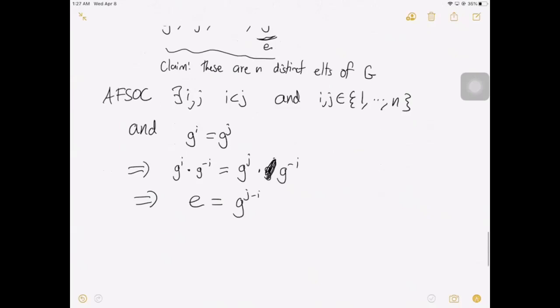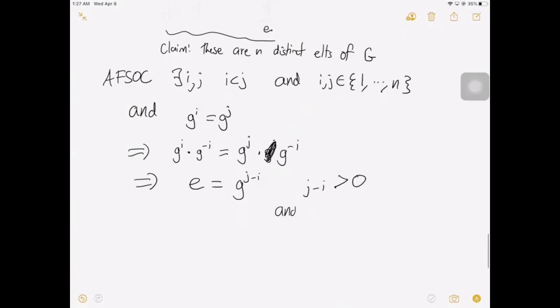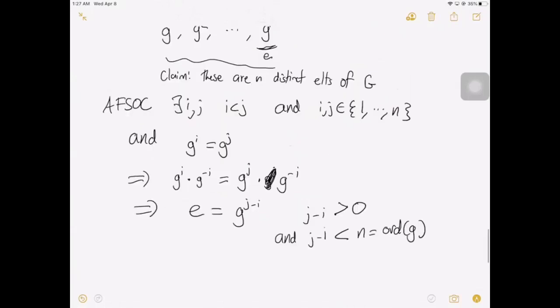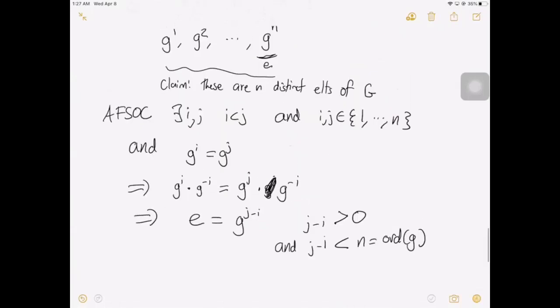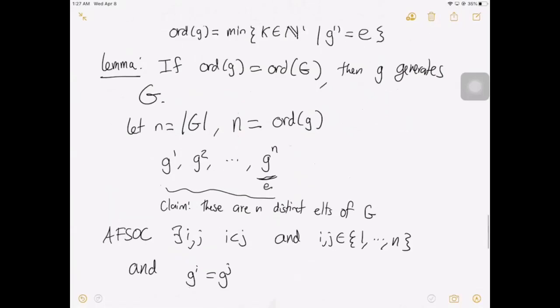But that's weird because j minus i is strictly positive and j minus i is less than n, which is what we claimed the order of little g was. Remember that the order of little g was supposed to be the smallest positive exponent that you could raise little g to and get the identity. So we have a contradiction. So if the order of an element is the same as the order of its group, then it's necessarily a generator. Cool.